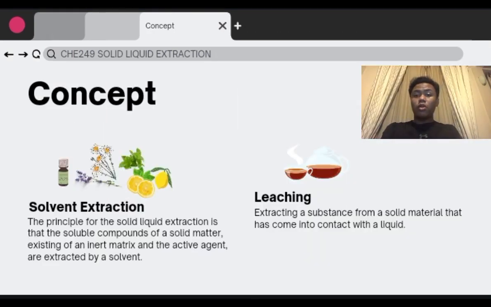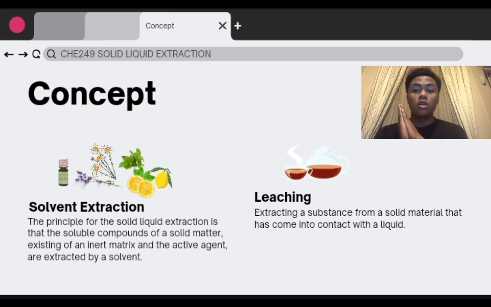Okay, now I'm going to go through the concept, the process, and lastly the equipment used in this process. Before we go through the better explanation of the flow, I'm going to first go through a better explanation of the concept of this solid liquid extraction.